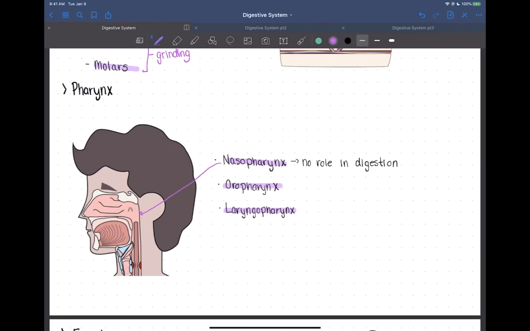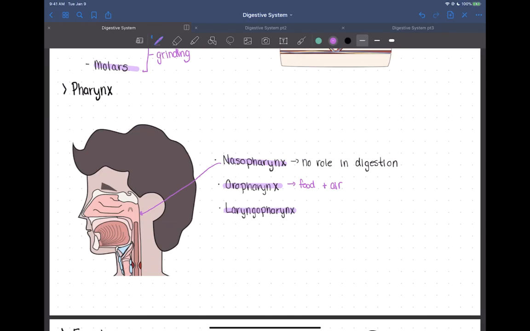Then we have the oropharynx. The oropharynx is a passageway for food and air. It contains stratified squamous epithelium for that reason, because food and air are moving through it. And it sits directly behind the oral cavity.